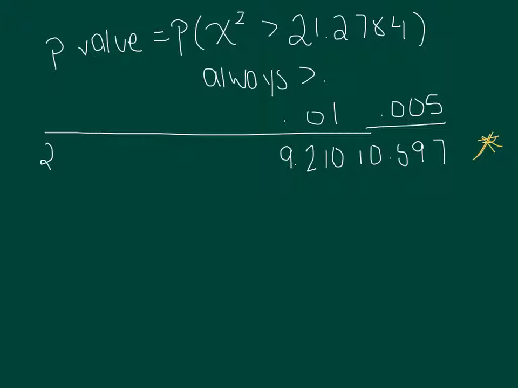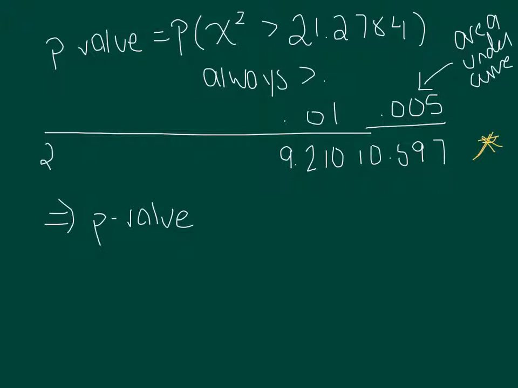And again, with chi-squared, we're not going to be able to get an exact p-value, but we can certainly say that our p-value, notice the p-values are getting smaller. These are your p-values up here. These are the probabilities. This is the area under the curve, which is also your probability. Notice that those are getting smaller. So our p-value is certainly going to be smaller than 0.005 because our test statistic of 21.2784 is way out here. So we're going to get a really tiny p-value.